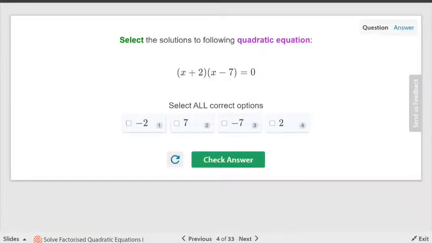So here we go. Don't select the correct options. I want you to solve it, okay? So we'll walk through the first parts together. First of all, I need to set it equal to what? 0. What do you notice? It's already done. Second, I need to what? Factorize. Do we have brackets already? Yes. That means that's already been done.